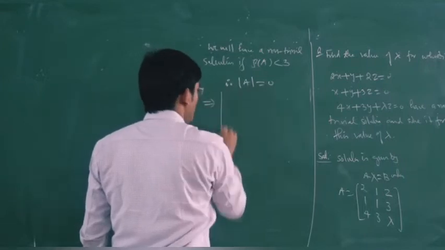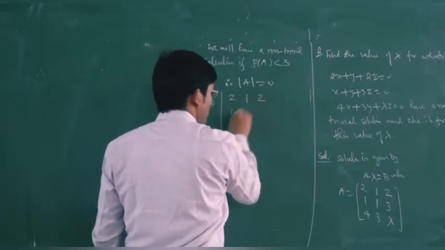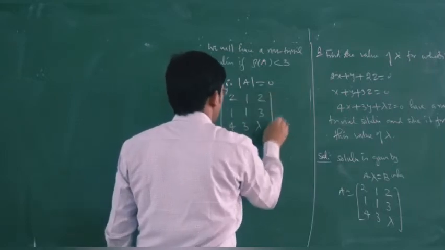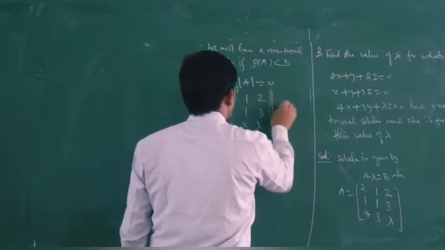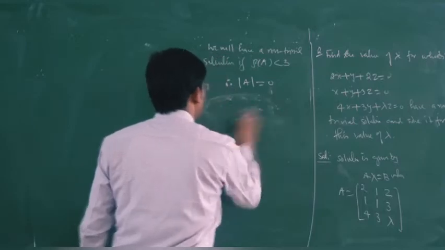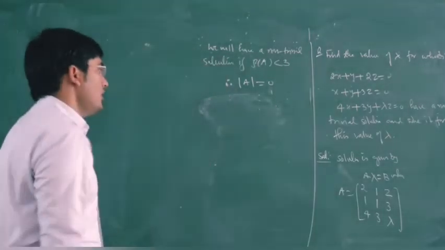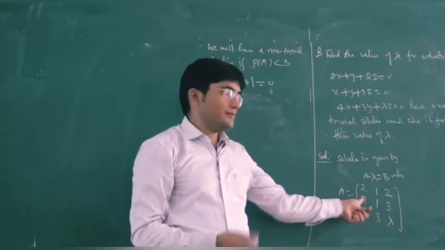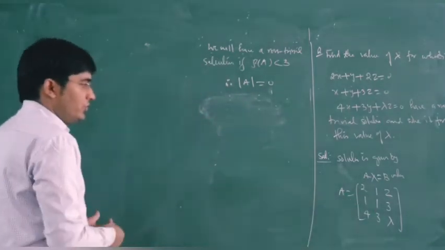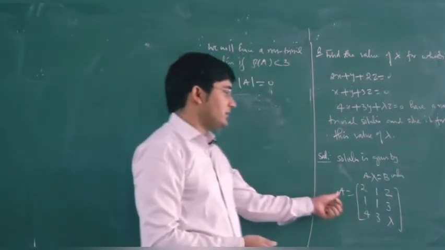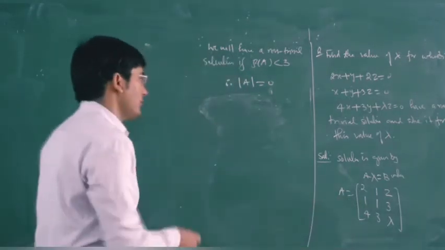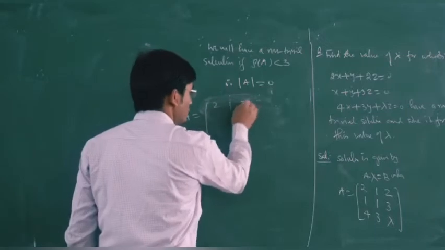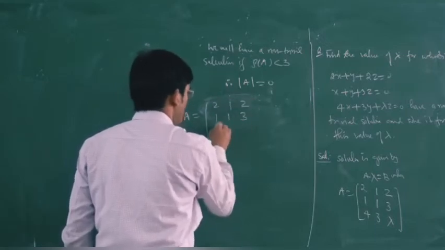So from here we have the determinant of 2, 1, 2, 1, 1, 3, 4, 3, lambda equal to 0. Now let us find out the rank of this matrix, and through the rank of the matrix let us find the value of lambda. So consider this matrix 2, 1, 2, 1, 1, 3, 4, 3, lambda.